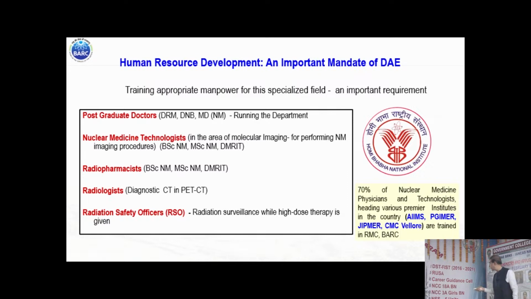And you can see here that 70% of the nuclear medicine physicians and technologists who are heading the various premier institutes of our country, like All India Institute of Medical Sciences in Delhi and multiple places, PGIMER, Postgraduate Institute of Medical Education and Research in Chandigarh, JIPMER in Puducherry, CMC Vellore, were all trained at BARC. So it is not only that we do research, development and supply, we also train the manpower for the future generation, for the future needs.